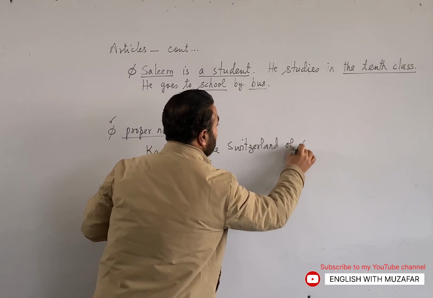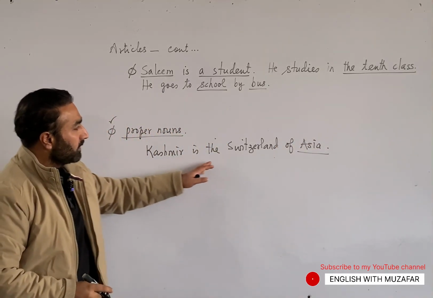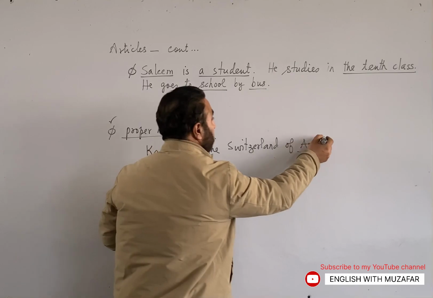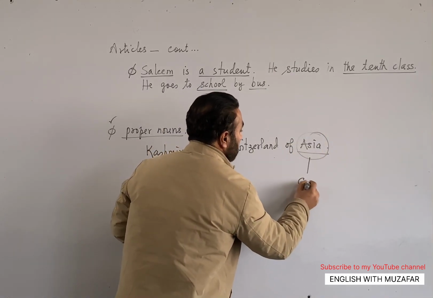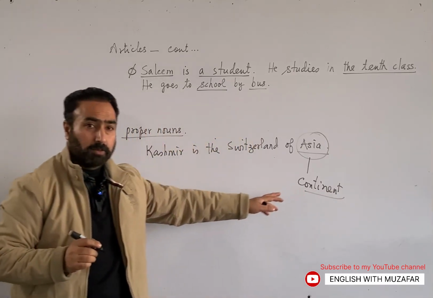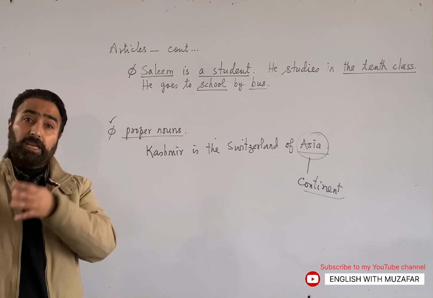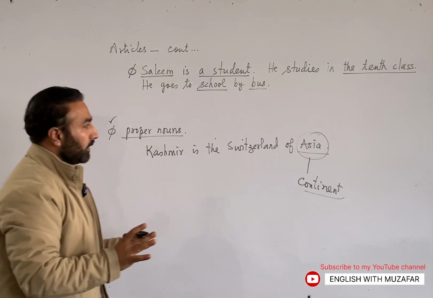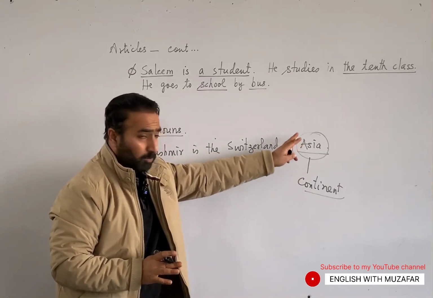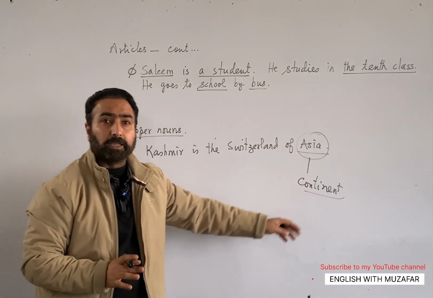See, one more point is here. Kashmir is the Switzerland of Asia. What is Asia? It's a continent. Another point comes out here: continent. I didn't say the Asia, I said Asia. So you will notice that we don't use articles with names of continents.